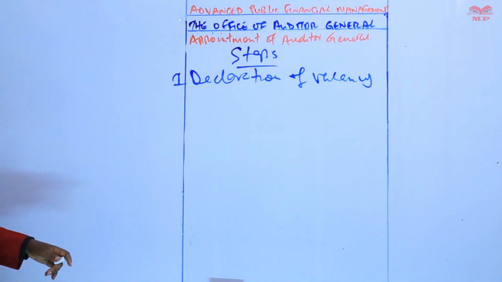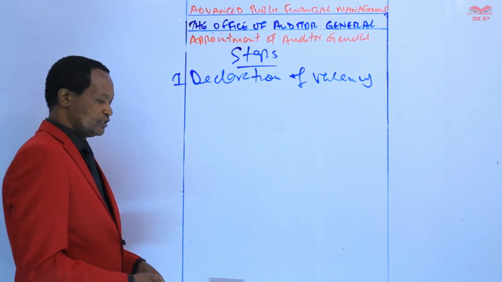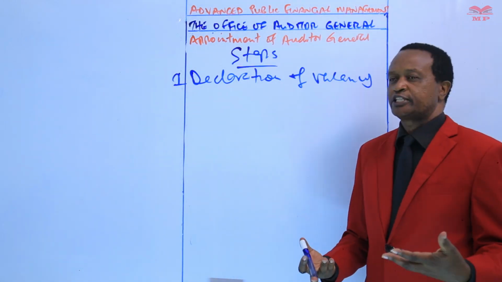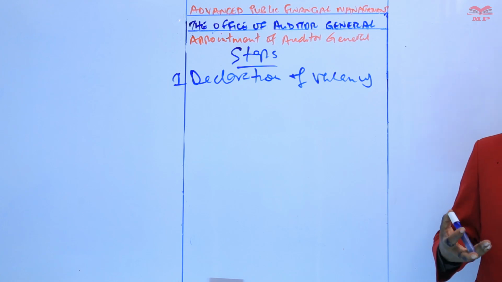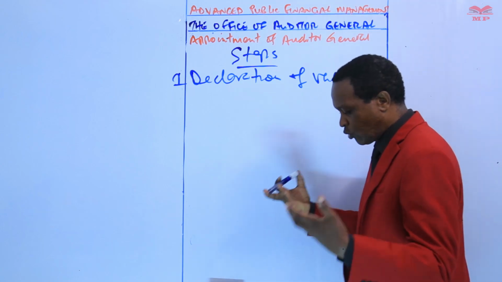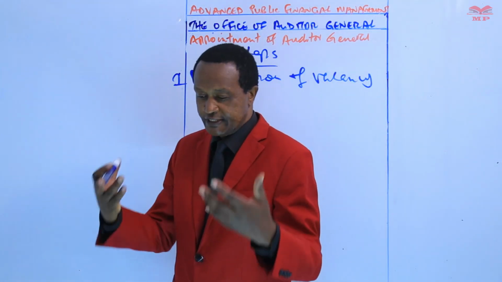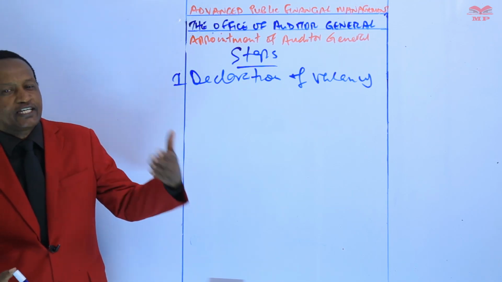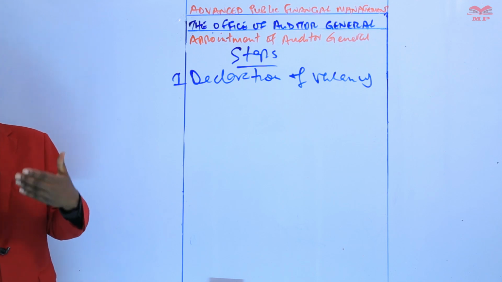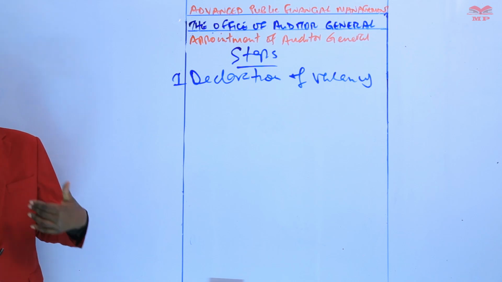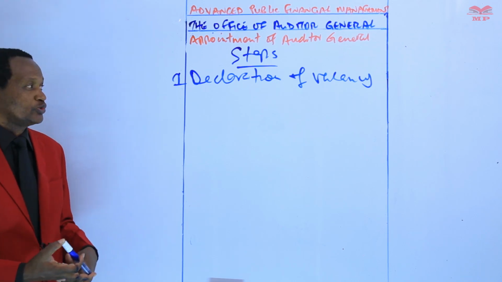Declaration of vacancy. Now, when a vacancy arises in the office of the Auditor General, which may be due to death or expiry of term or resignation or removal from office, the President is required within a period of 7 days of the vacancy occurring to declare the vacancy by notice in the Gazette and in at least 2 newspapers of national circulation and 2 national radio and television stations.